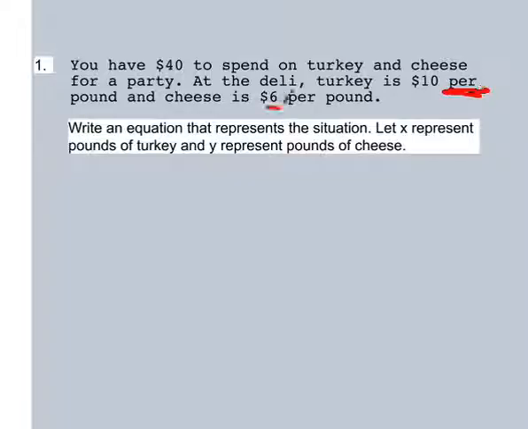And cheese is $6 per pound. Write an equation that represents the situation where you're letting x be pounds of turkey, so I'm just going to put an x by turkey and a y by cheese. Pounds of cheese. In this case, you don't have the y equaling your cost or your answer. We already have the cost or the price you're spending, $40.